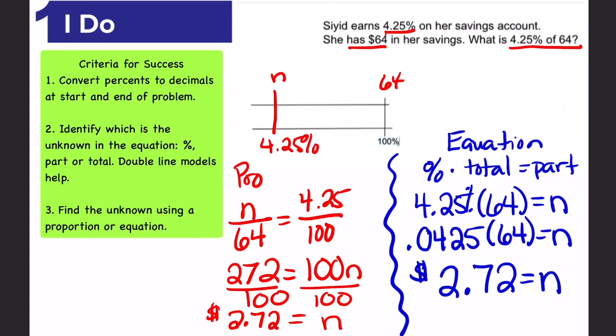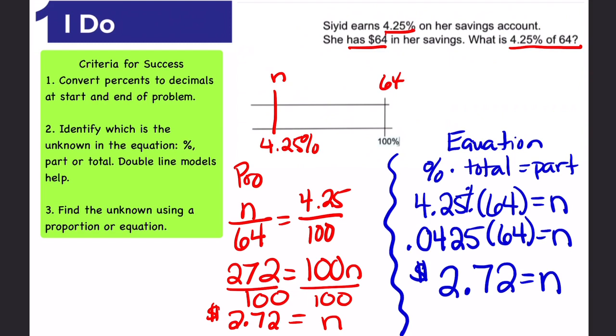So I'm going to again hit pause so you can jot this down. Take 1 minute. I hope you're noticing that you can choose any method you like. If the proportion makes the most sense to you, use it. If the equation makes more sense to you, use it. And you'll probably have to use your calculators. If you're using your proportion, just remember that you want to make sure that what you're setting up in the proportions are in the right places and that you're getting your final answer at the end.